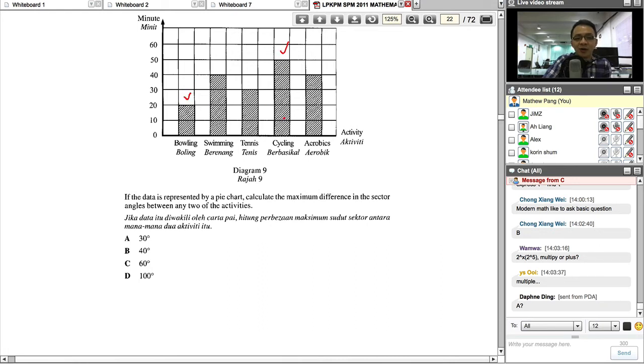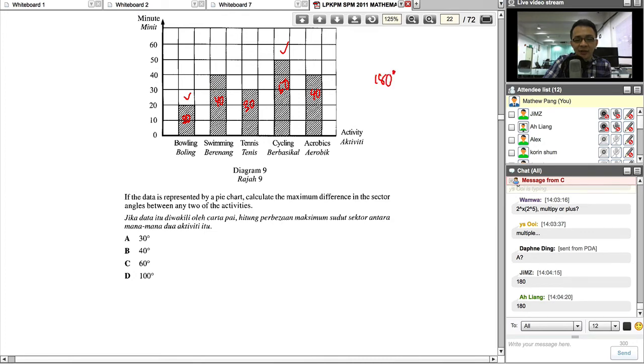So of course I have to convert this one into degrees. I have to calculate the total first. This is 20. This is 40. This is 30. This is 50. And this one will be 40. 40, 20, 100, 180.